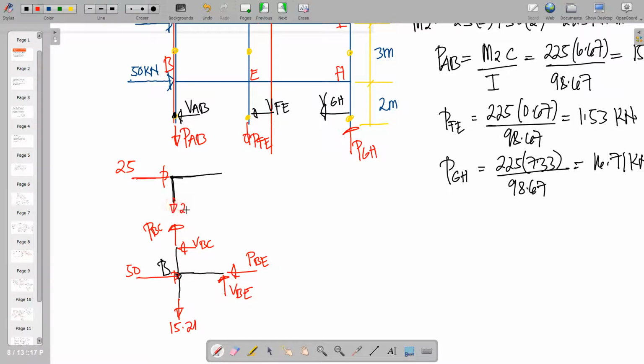Therefore, this must also be equal to 2.53. And we have here shear. So I'll just follow this direction. The opposite of this, VBC. And then this is PCB.